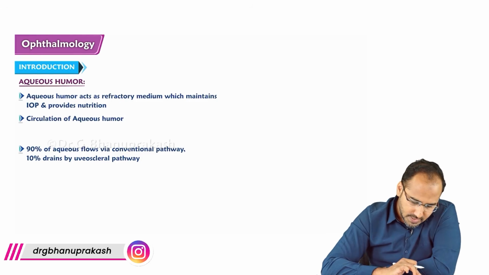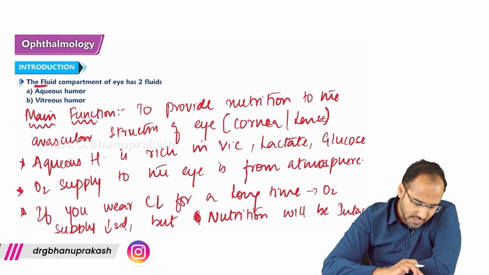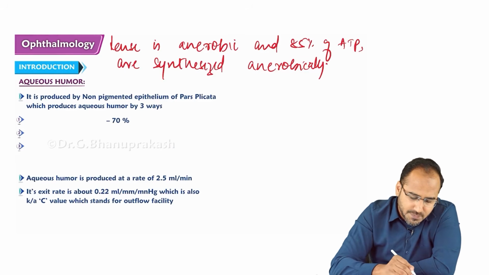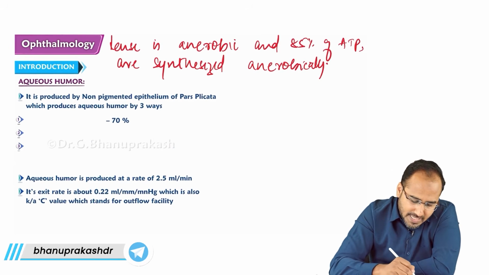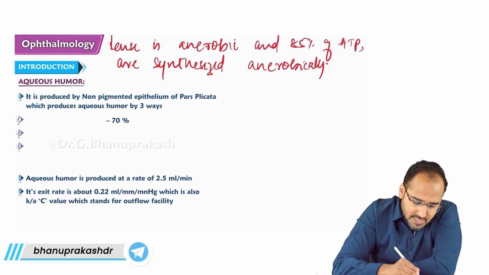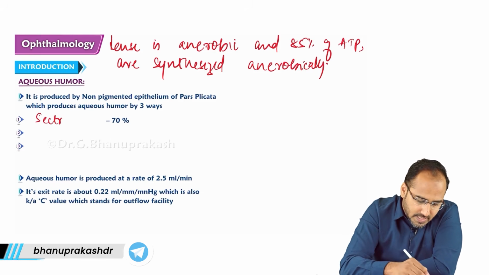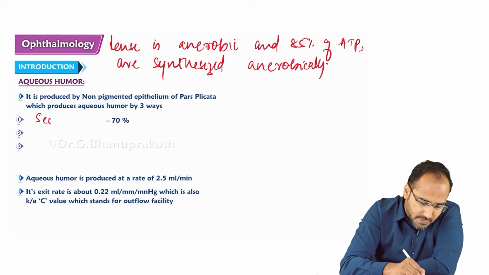Okay. So, aqueous humor we were discussing, right? Aqueous humor is produced by the non-pigmented part of the ciliary body, which is called what? Pars plicata, by three mechanisms. 70% I told you it is formed by what? Secretion.